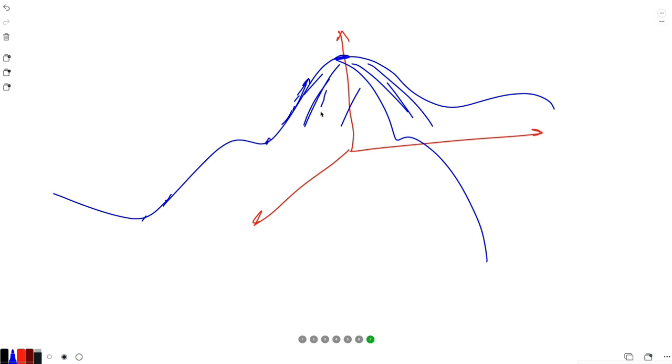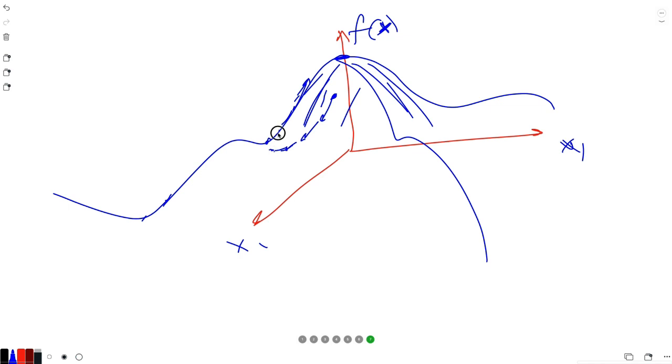Now we run the steepest descent algorithm on this two-dimensional cost function. This is f of x, and we have, for example, x1 and x2. Assume that we are somewhere here. Based on the gradient, we can keep going down, of course with a smaller speed, because as we approach the minimum the slope becomes smaller, so the adaptation factor becomes smaller and smaller, and we reach the minimum point very slowly.